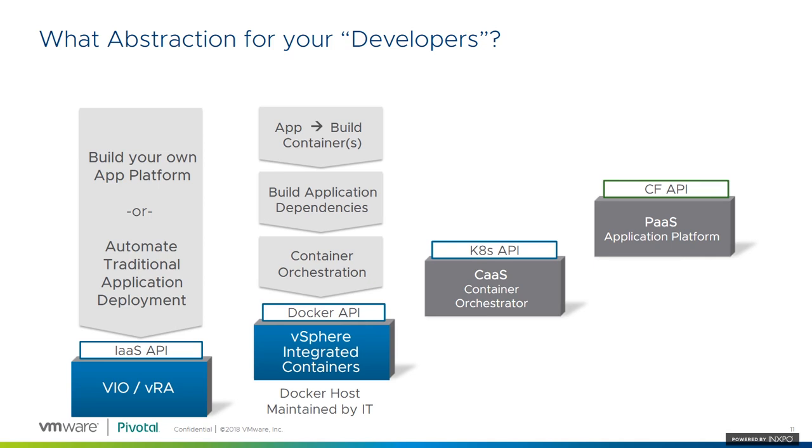Now let's talk about the real focus of this presentation, which is Kubernetes. So what's the burden, or what does the consumer need to take on? Well, if they're given a Kubernetes API, if that's their consumption, basically you need to build the container, then you need to architect the dependencies for that container and the actual IT or business application.